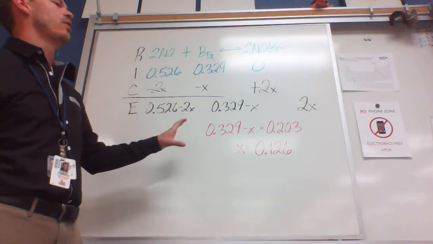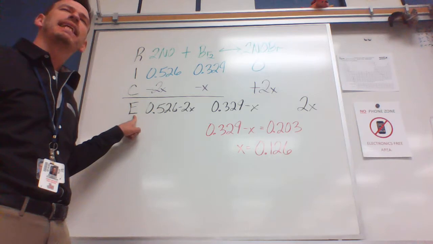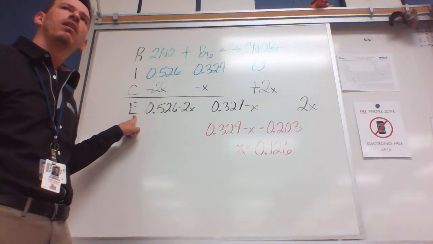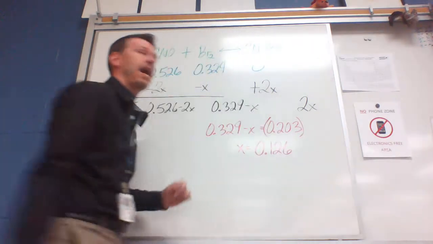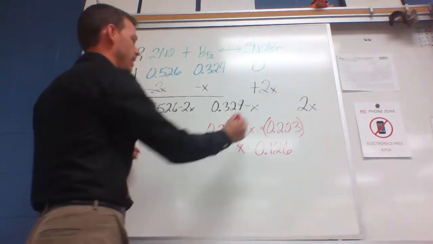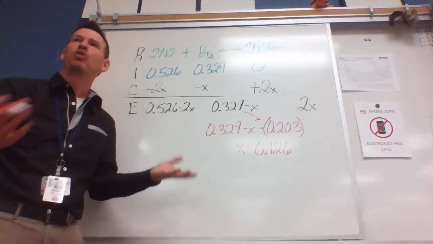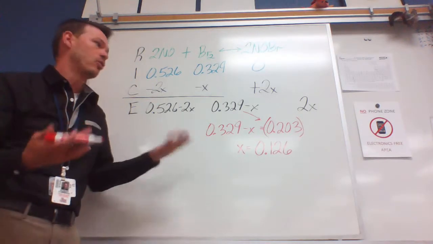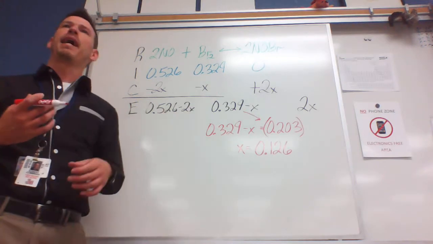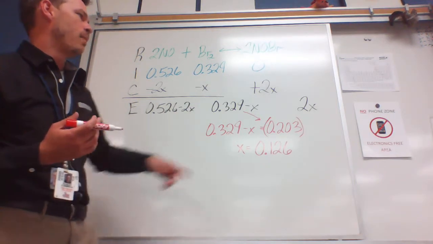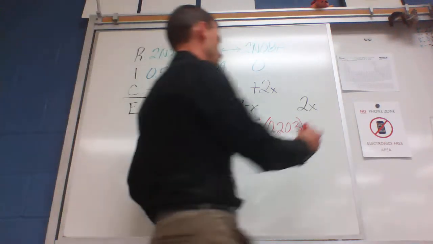Now, realize, though, I have the equilibrium for one of my guys. What was the equilibrium of bromine? 0.203. Yeah, it was 0.203. It flat out gave it. So I'm going to just put that in parentheses now, because I already found the Br2. The problem flat out told you at equilibrium, Br2 was 0.203. But now that we know x, we can apply it to the others. All right? So my product is 2x, which looks like it's going to be 0.252.